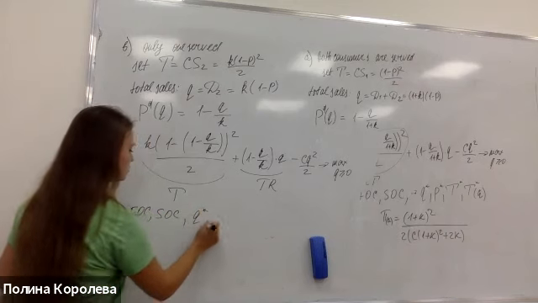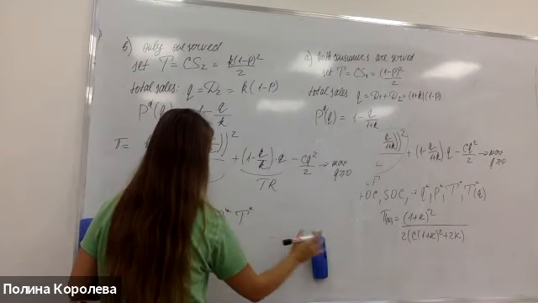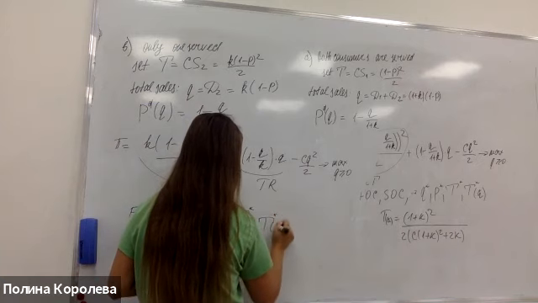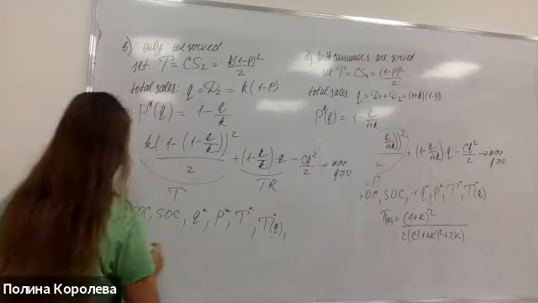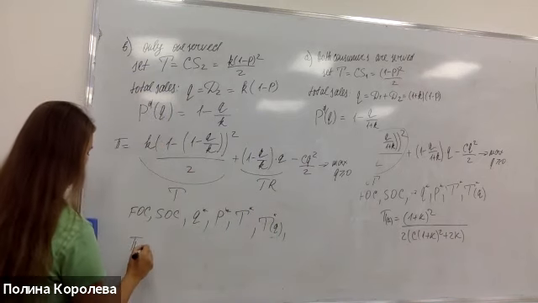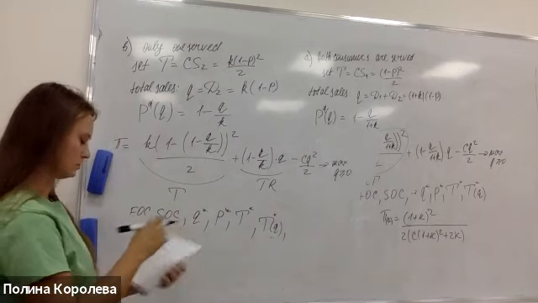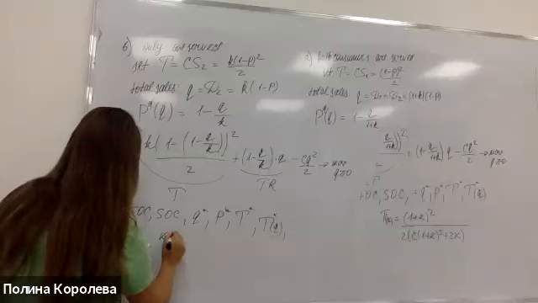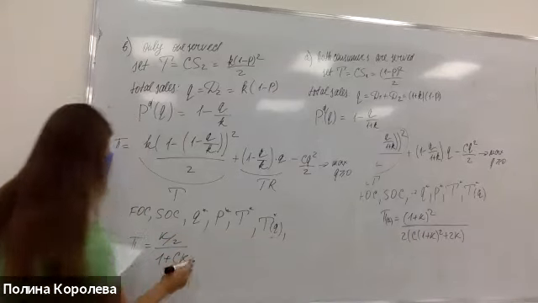We will find optimal quantity, optimal price, optimal entry fee, optimal tariff, and profit. The profit will be, in such a situation, I will write down for you, k divided by 2 (1 plus ck).